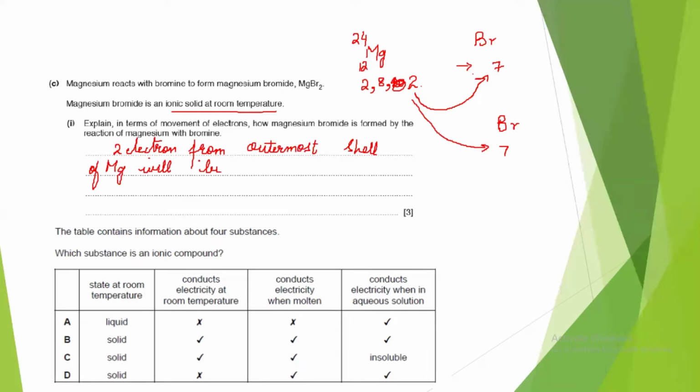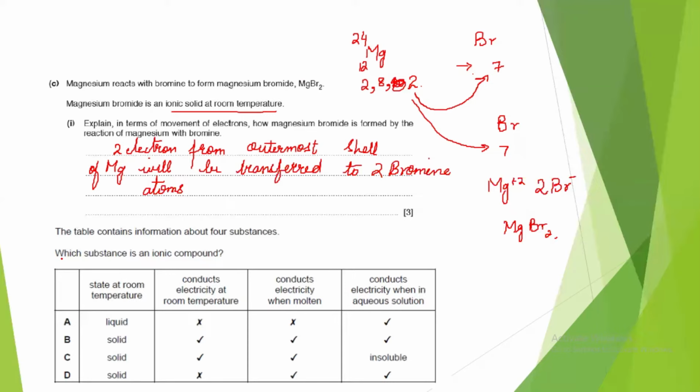So the electrons from the outermost shell of magnesium will be transferred to two bromine atoms. In this way, magnesium would have a +2 charge and each bromine would have a minus charge, and there will be two bromine. So the final formula becomes MgBr2.